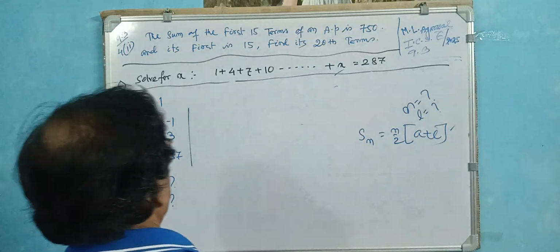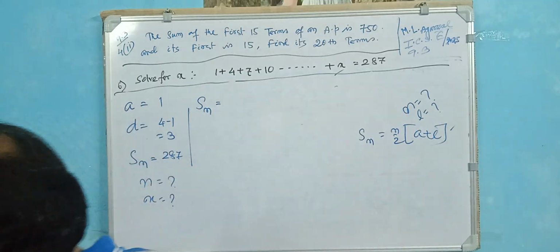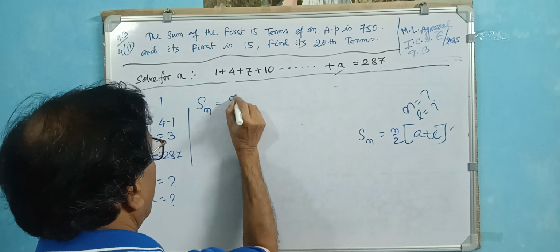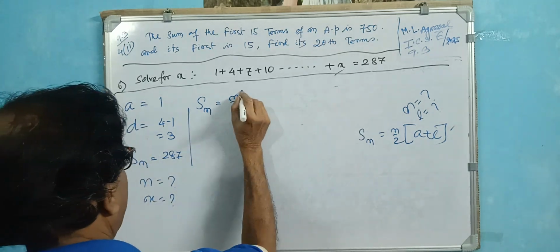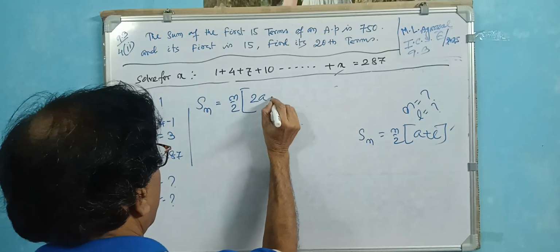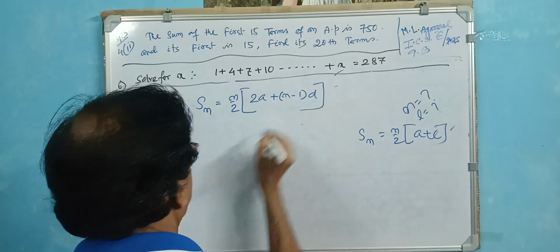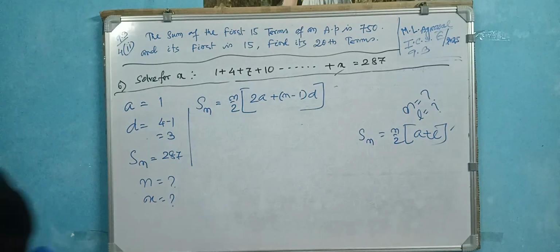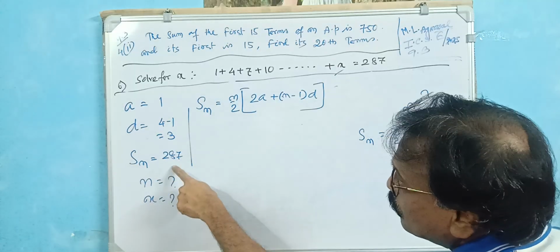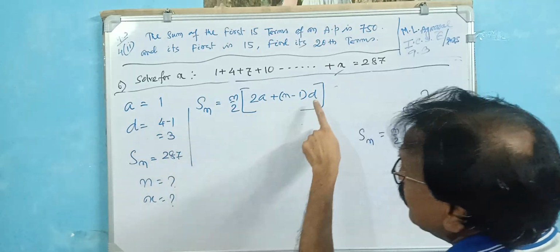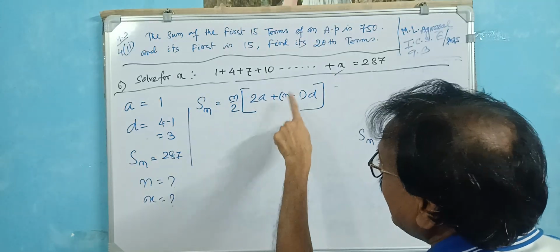So another formula is there. Sn is equal to n by 2, bracket, twice a plus (n minus 1) into d. Why is this clear? Because you know the value of Sn, you know the value of a, and you know the value of d. So only n is unknown.